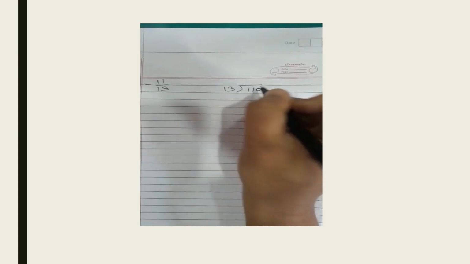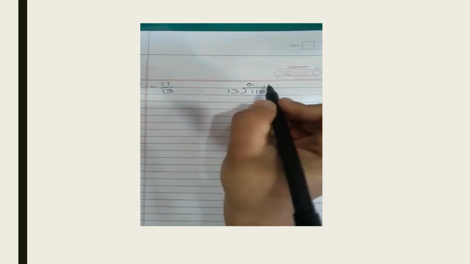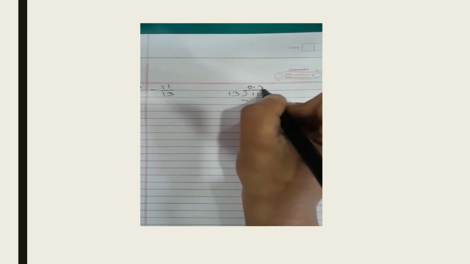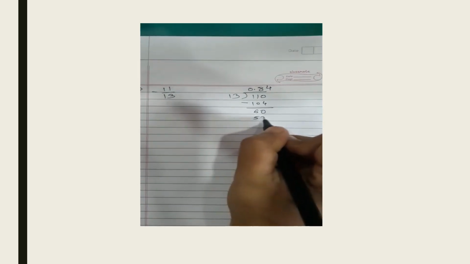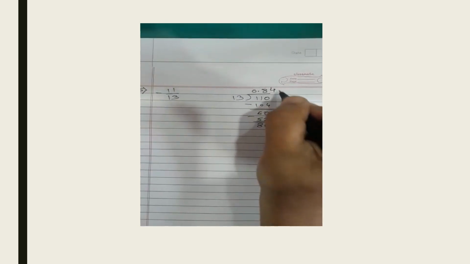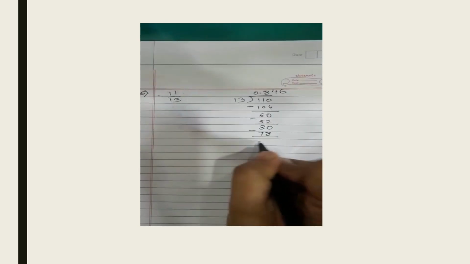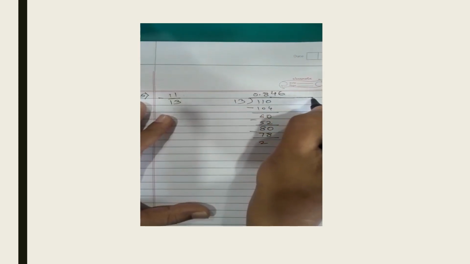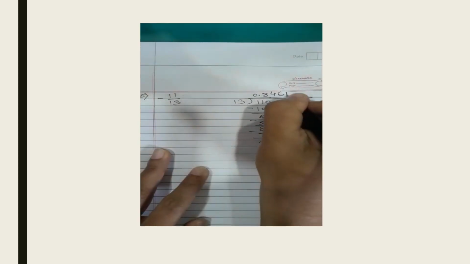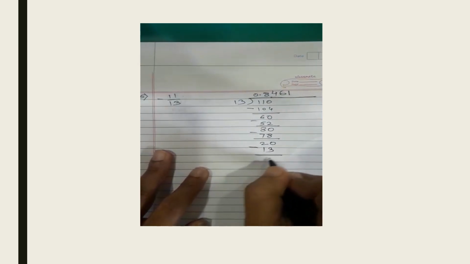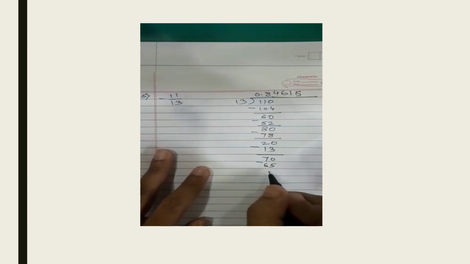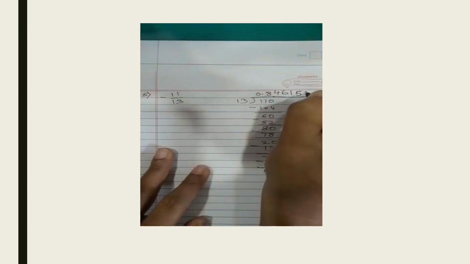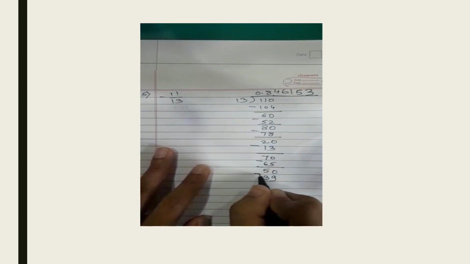The last example from this exercise is minus 11 upon 13. Divide 11 by 13. Now 11 is less than 13, therefore give a decimal point. 13 eights are 104. 13 fours are 52. 13 sixes are 78. 13 ones are 13. 13 fives are 65. 13 threes are 39.